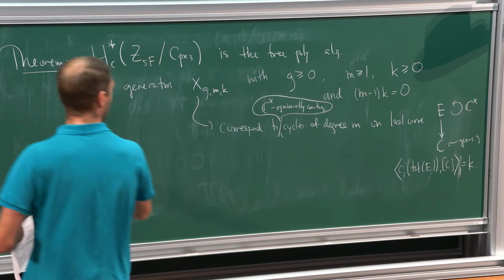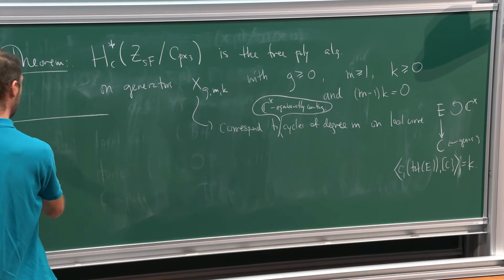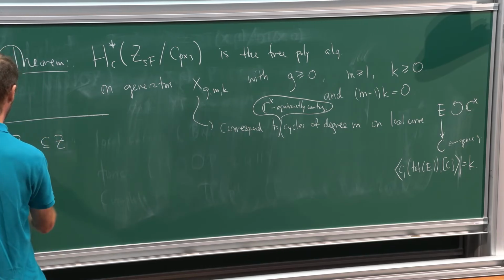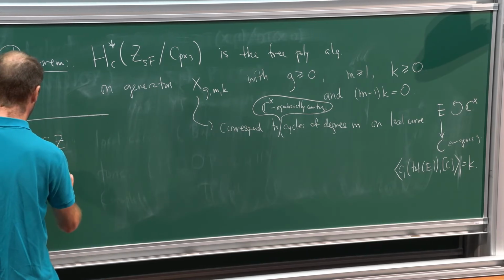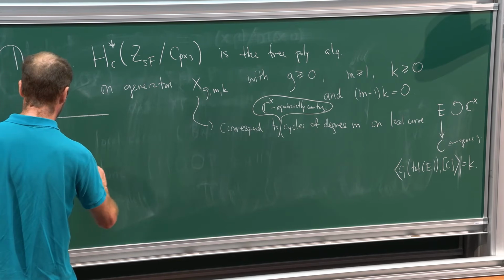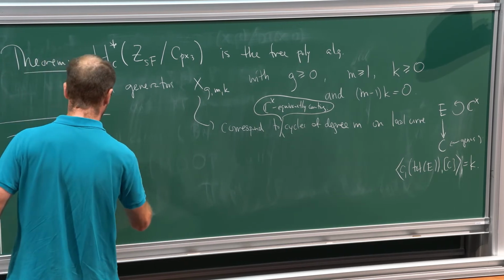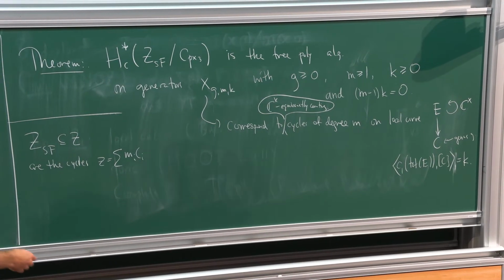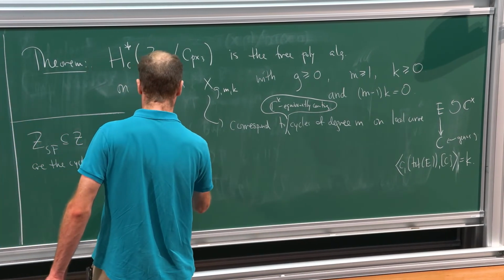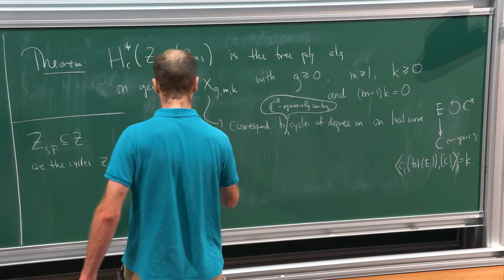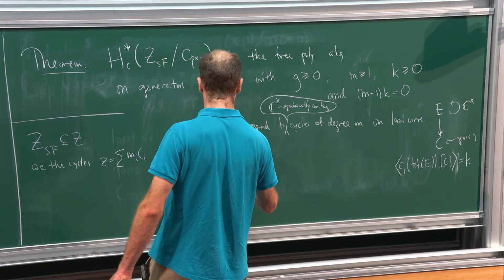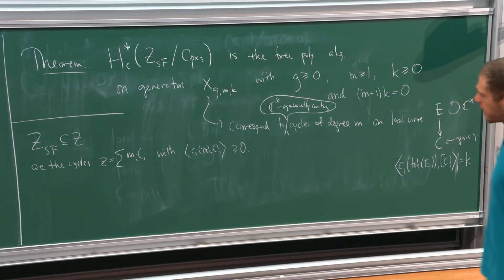Okay, so the semi-Fano cycles. A cycle is a sum of curves with multiplicity. And it's called semi-Fano when each of the C_i have non-negative Chern number.